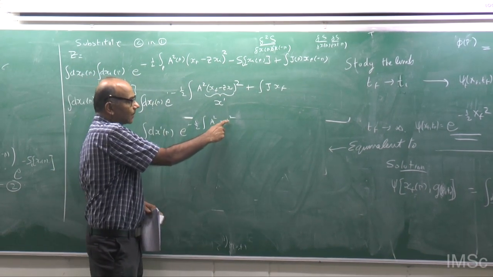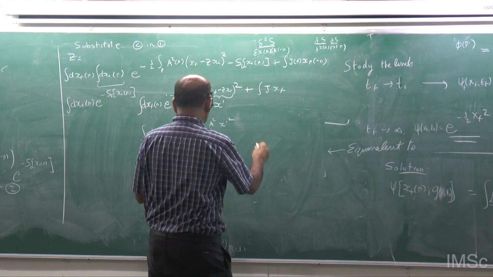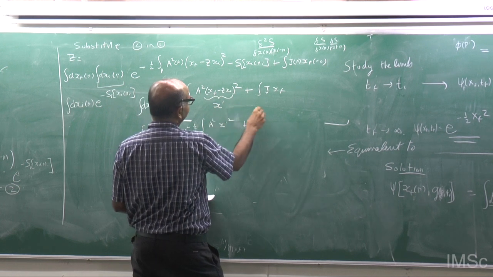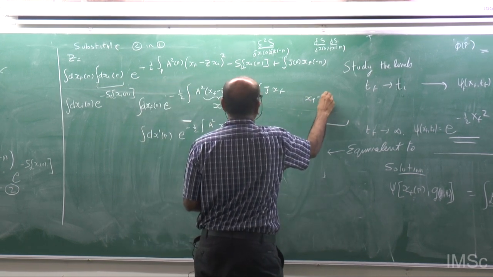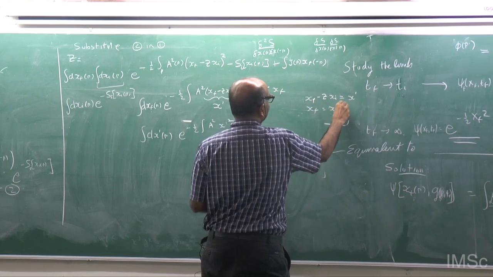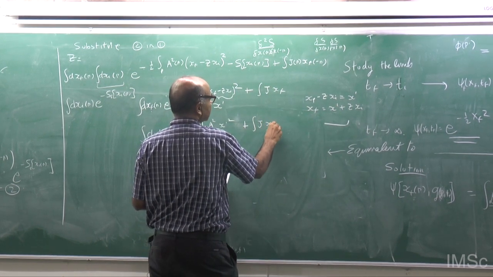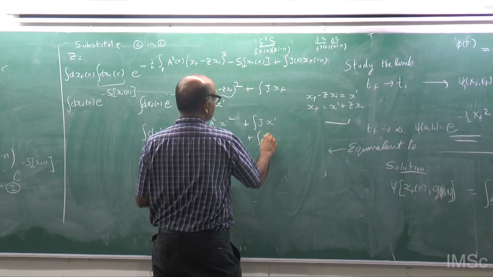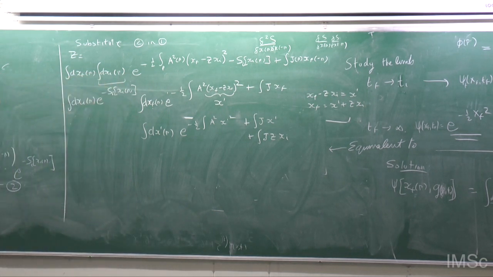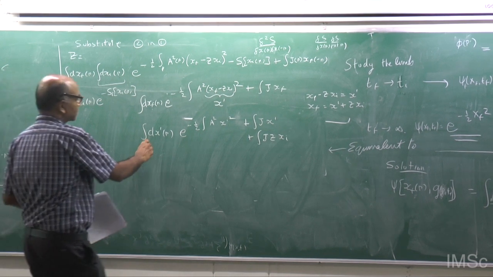Again, x prime squared means x prime p, x prime minus p, integral over p, etc. Plus this j, now I replace in terms of x prime: xf minus z xi is x prime, so xf is x prime plus z xi, so I replace that there. So this becomes j x prime plus j z xi. So just change your variables. Now you can do the x prime integral.